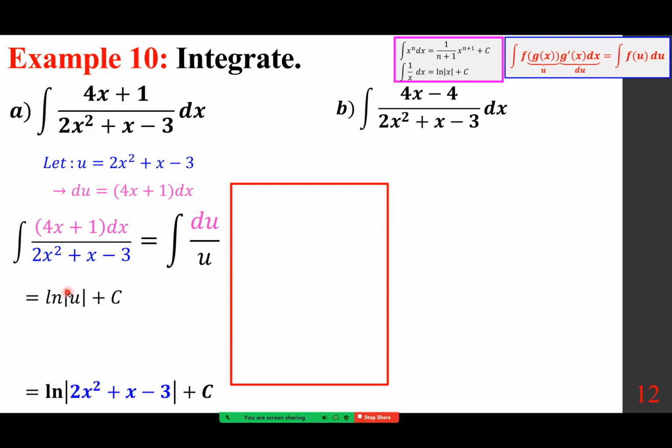Replace the u, and you're done. As always, if this expression is positive, you can change the absolute value to parentheses. It is not, so you keep it.